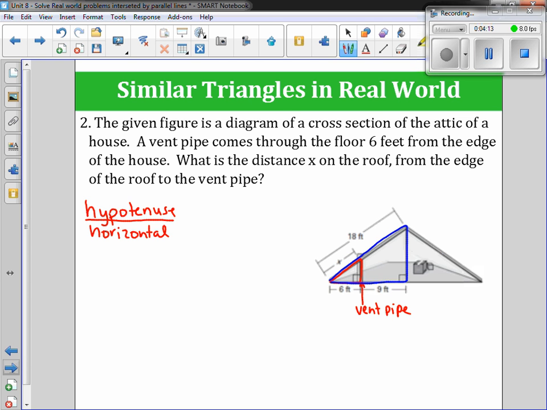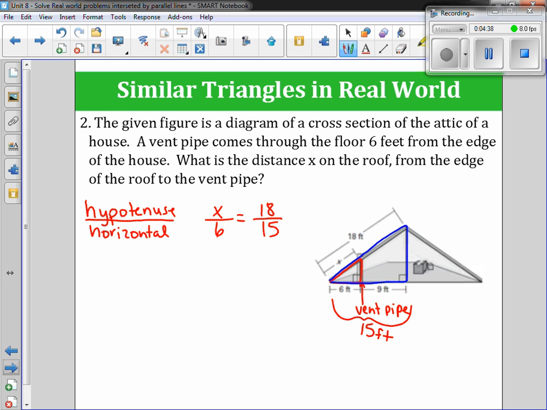So I know that the hypotenuse of the small triangle is what we're looking for, and that the horizontal distance of the small triangle is 6. I know the hypotenuse of the roof is 18, and the horizontal distance of the large triangle is a combination of 6 plus 9, which is 15 feet.